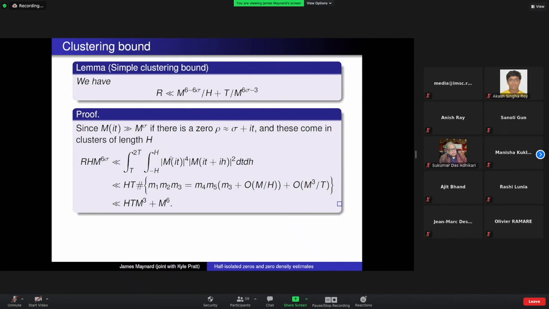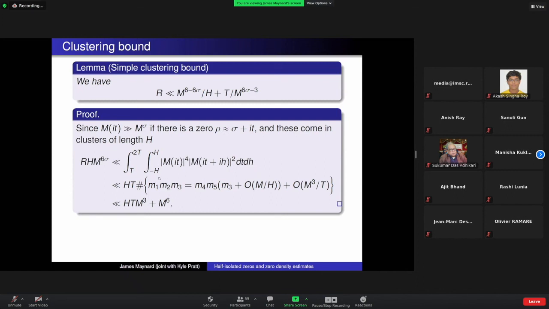But we also know that whenever we have a zero at it, if it's part of a cluster of length capital H, then all of these shifts, m of it plus ih, are also taking large values. And so the number of zeros that occur in clusters of length h provides a lower bound for this sum, and we see that it's of size r times h times m to the 6 sigma, since there's 6 copies of m, which all take values of size m to the sigma, and where there's h different zeros in each cluster that are picked up by this h integration.